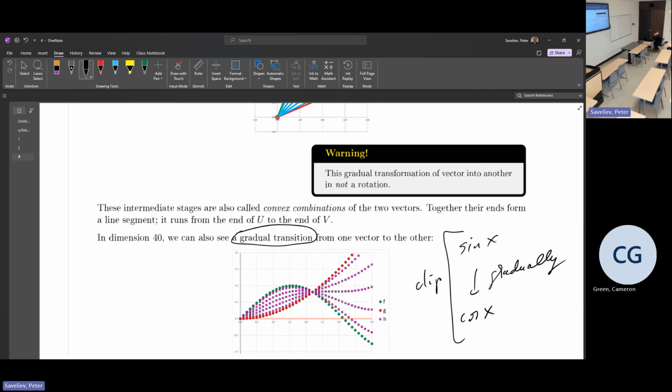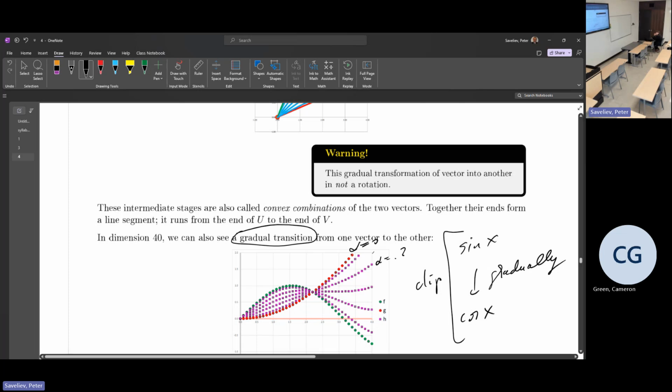I go through all the weighted averages with the weight changing from, say, alpha equal to 0, then alpha equal to 0.2, alpha equal to 0.8, and then alpha equal to 1. Literally, that alpha is time. That's how you create that clip.